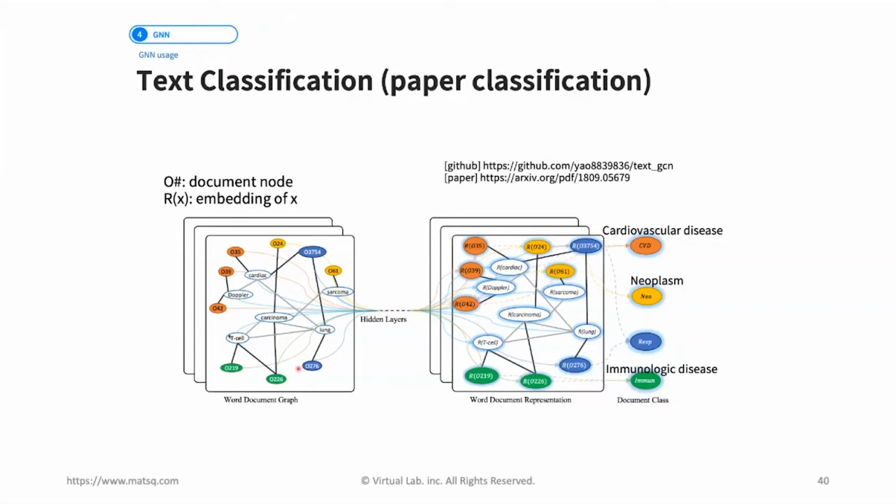So using this kind of edge and node connecting, they change it to a graph, and then they classify which one is related to the paper. This white one is related to the neoplasm, something like this. So it's a good example for this.